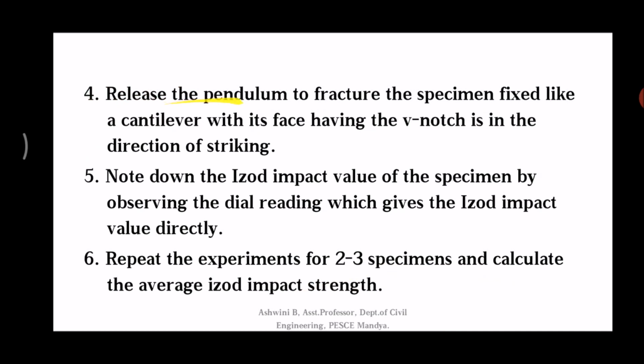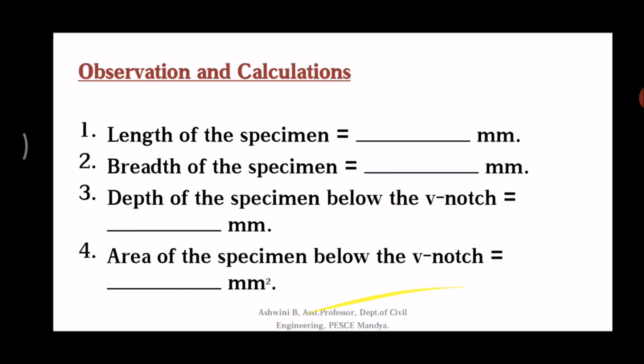Then release the pendulum to fracture the specimen fixed like a cantilever with its face having V notch in the direction of the striking. Then note down the Izod impact value of the specimen by observing the dial reading which gives the Izod impact value directly. Then repeat the experiment for 2 to 3 specimens and calculate the average impact strength.